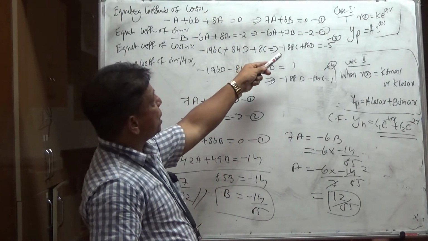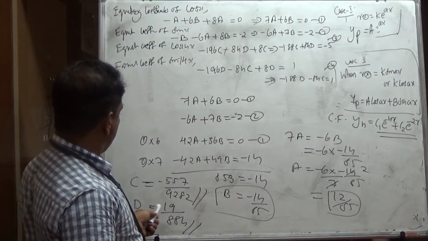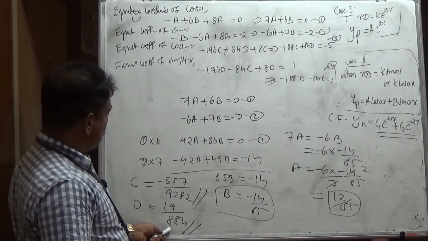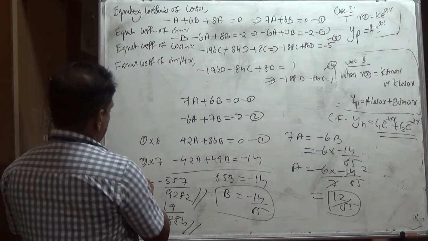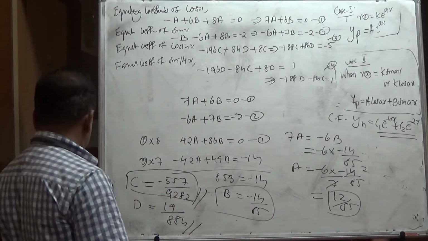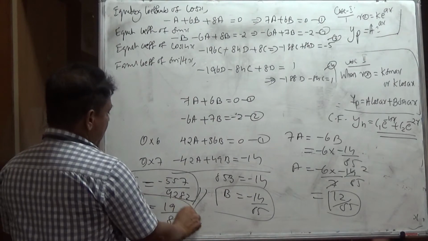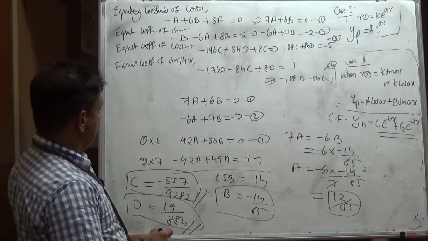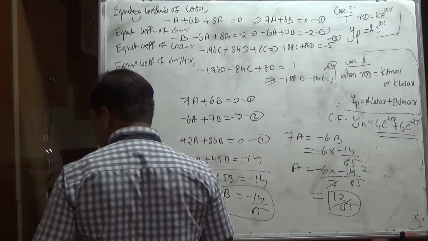Similarly, solving equations 3 and 4, we get c is equal to minus 557 by 9282 and d is equal to 19 by 884. Therefore, we get all the constants a, b, c and d.